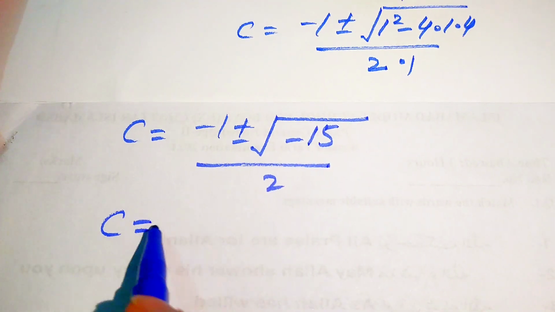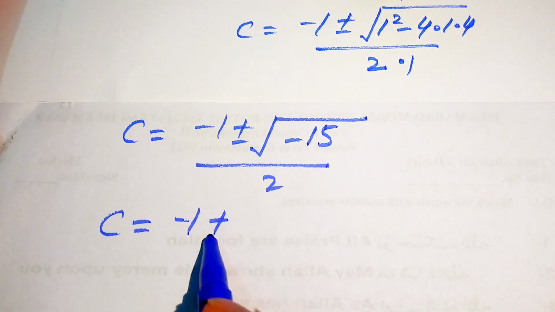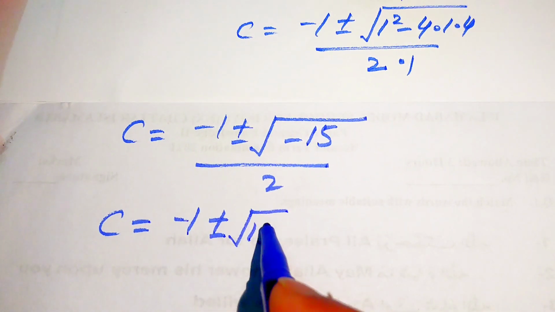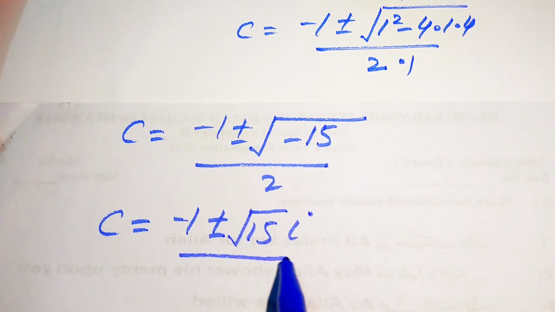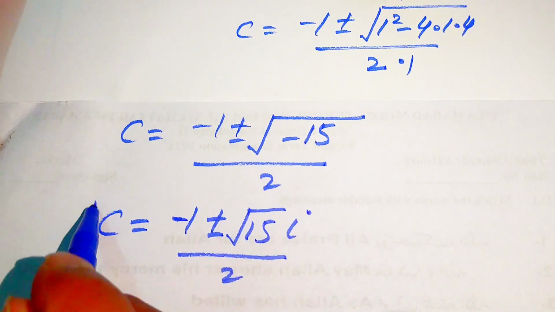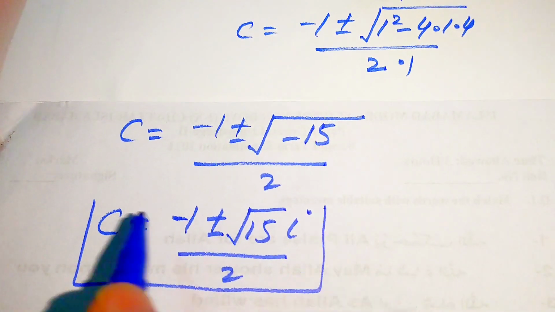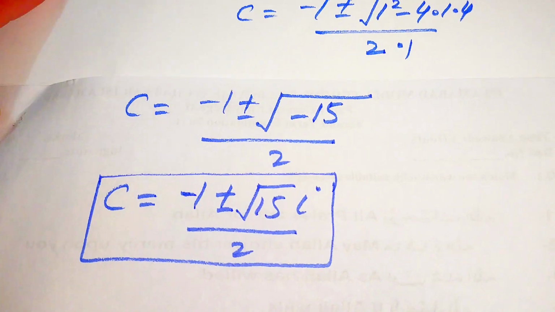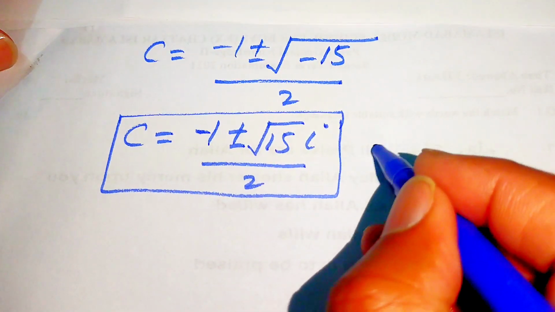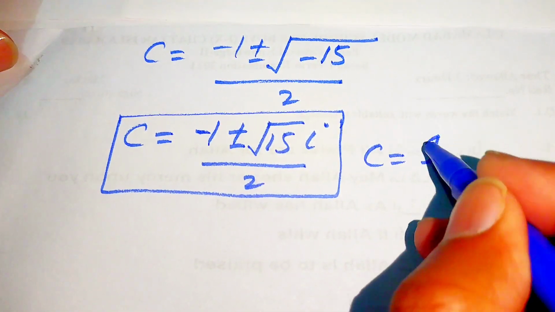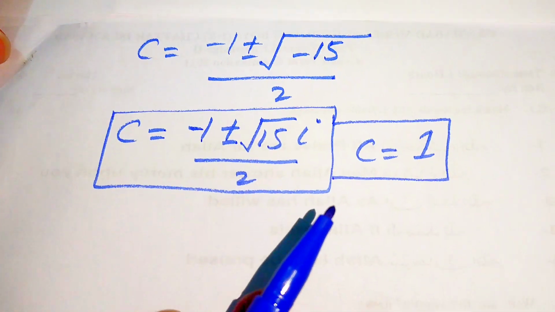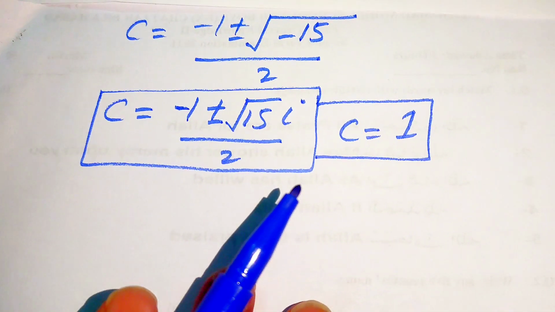So we get our c is equal to minus 1 plus minus square root of 15 into iota, divided by 2. So these are the values of c, and we also have c equals 1. So these are the total 3 values of c. These are the 3 simplified forms of the given cubic equation.